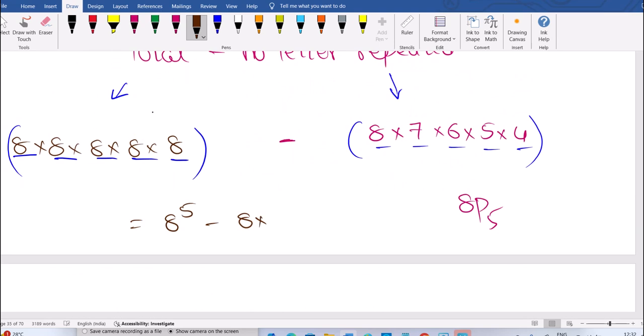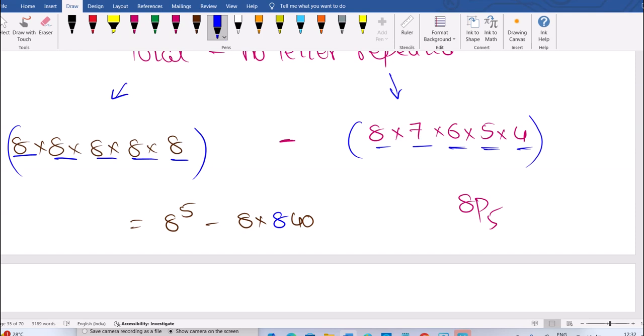8 into 7 into 6, this is 336. 7 into 6 into 5 into 4 is 840.